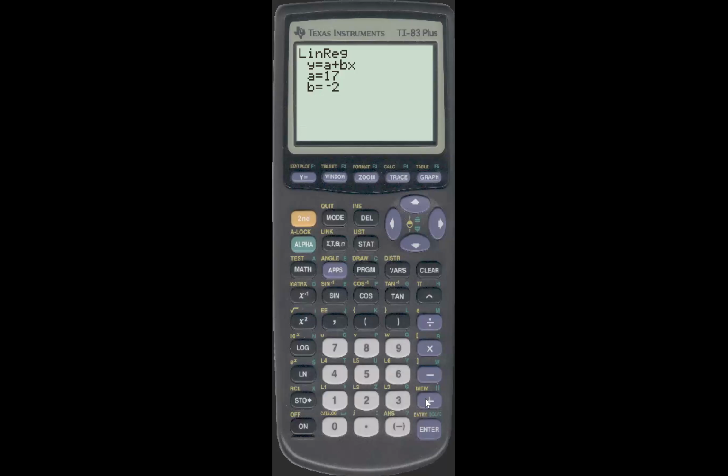So you go to second mem. No, that's not right. Second catalog, maybe? Yes. Okay. This looks ridiculous.